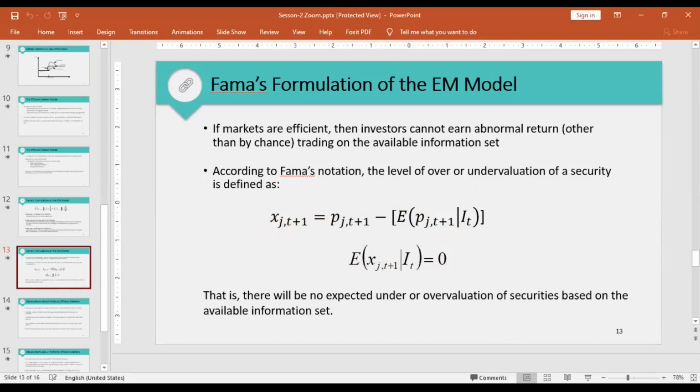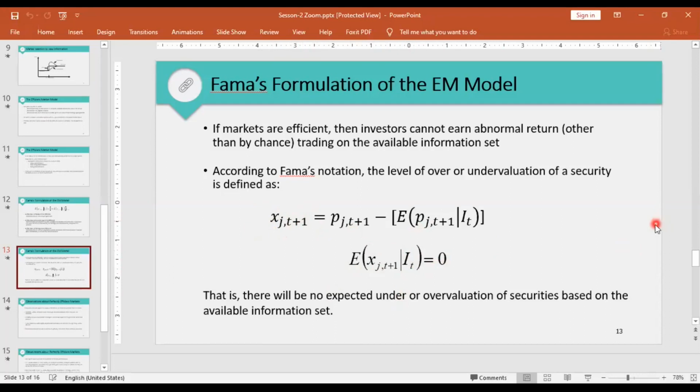That means the difference between the expected future price and the future price: this part is the expected future price, this part is the future price. The difference between them is XJT plus 1. But the expected difference is actually 0.